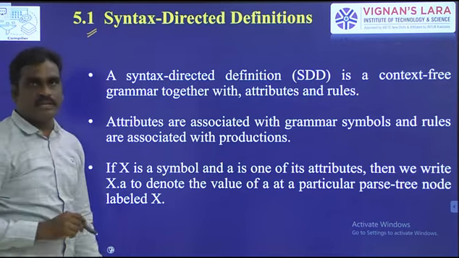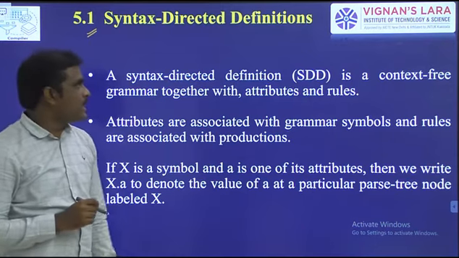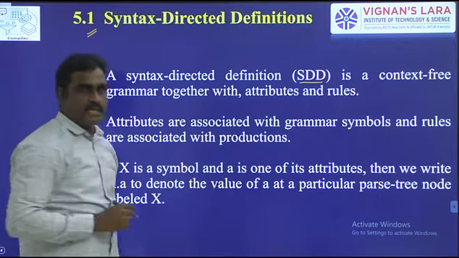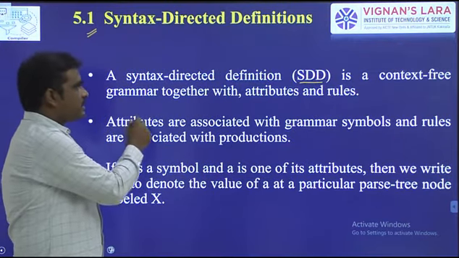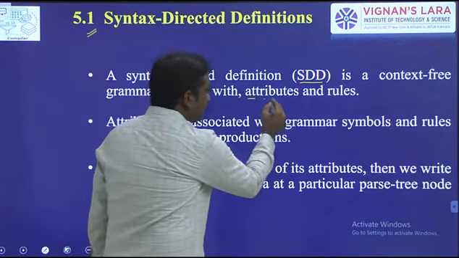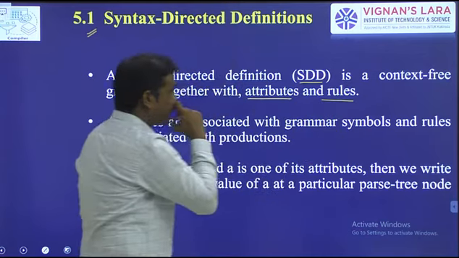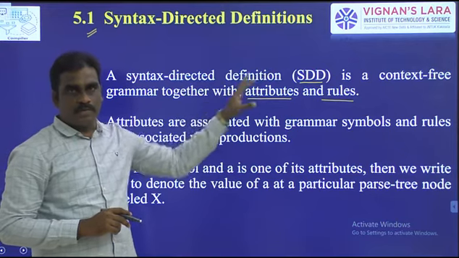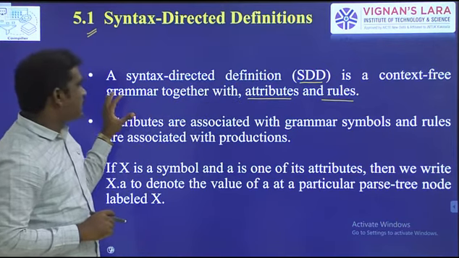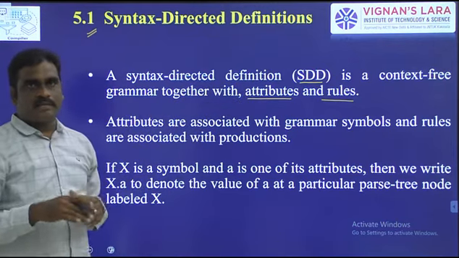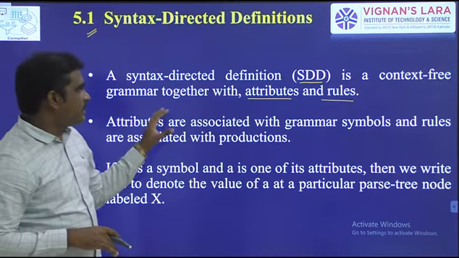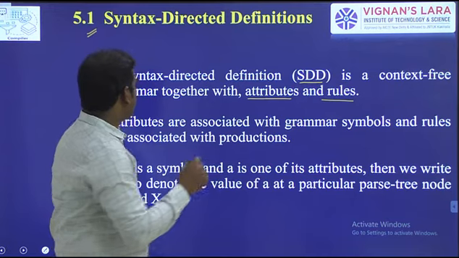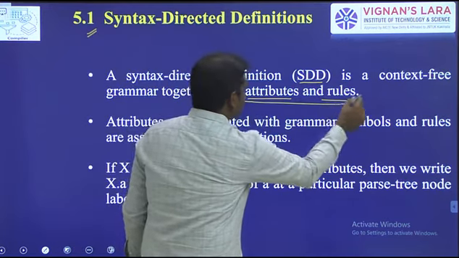The first part is syntax directed definition. The syntax directed definition, that is SDD, is a context-free grammar together with attributes and rules. The input is a context-free grammar, which contains a set of symbols, and we write the attributes and rules.